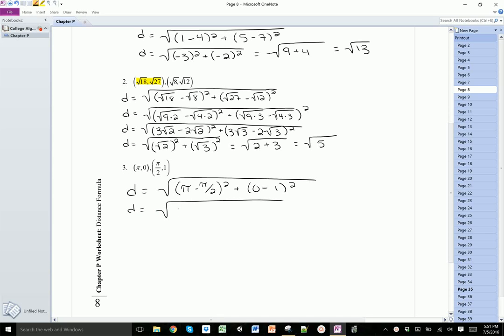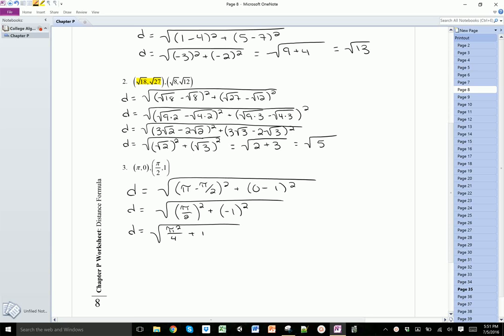Pi minus pi over 2 is simply pi over 2. 0 minus 1 is negative 1. When you have a fraction like this being squared, you got to square both the numerator and the denominator. So we have pi squared over 4. And then negative 1 squared is just 1.